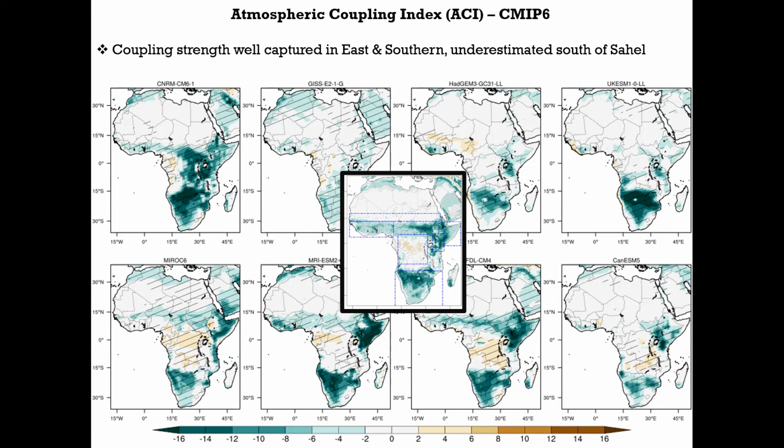This is for March, April, May. We also note model weaknesses, especially in the region south of the Sahel. This is not well captured by the majority of the models, especially GISS, ANGM, UKESM, and also CanESM5.